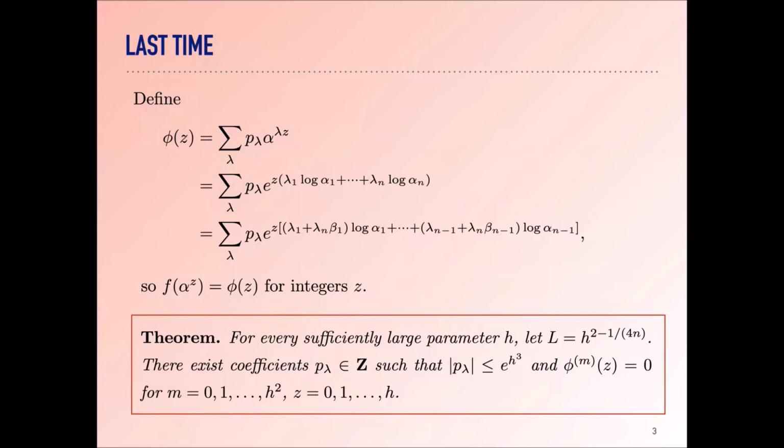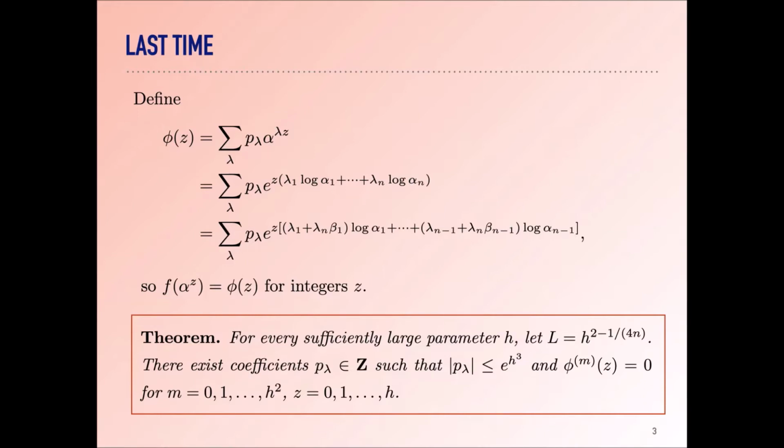And we were able to prove the theorem that there exists a set of coefficients that defines our polynomial f, and hence defines our function phi, satisfying the following properties. The coefficients are bounded by e to the h cubed, an exponential in h cubed. The degree of the polynomial is h to the slightly less than 2, so 2 minus 1 over 4n. Remember, n here is the number of our alphas. And we get the vanishing that we desired.